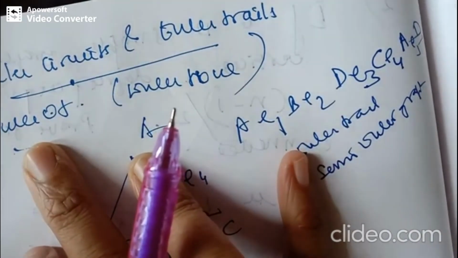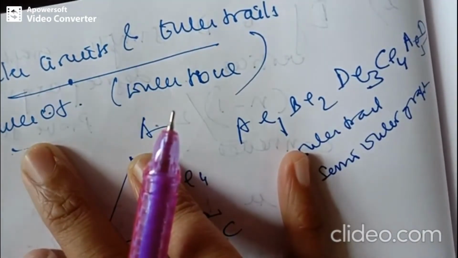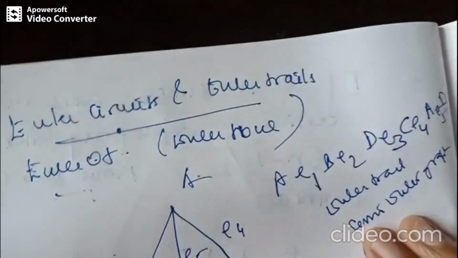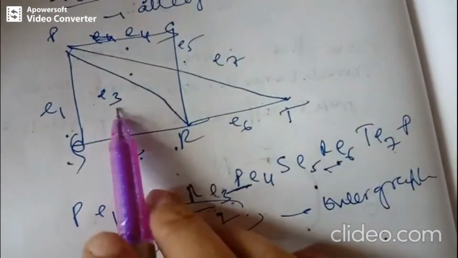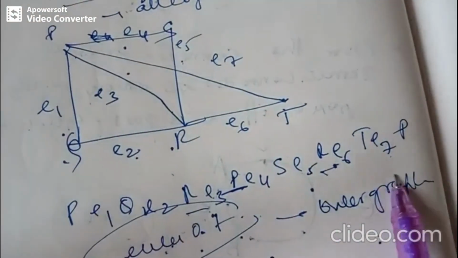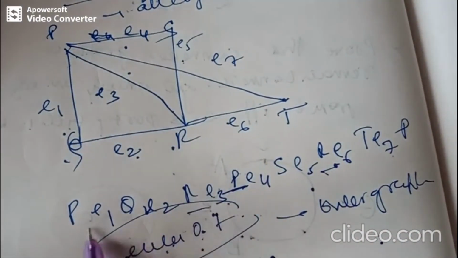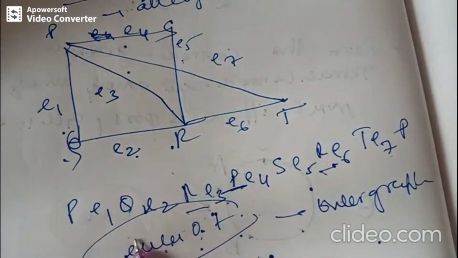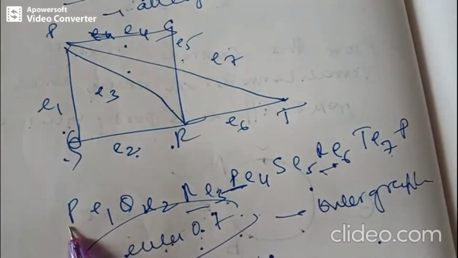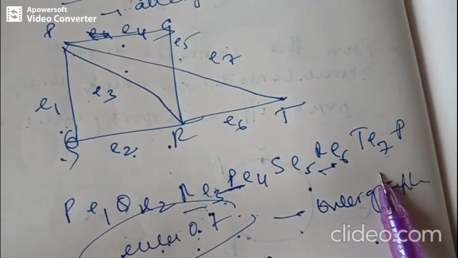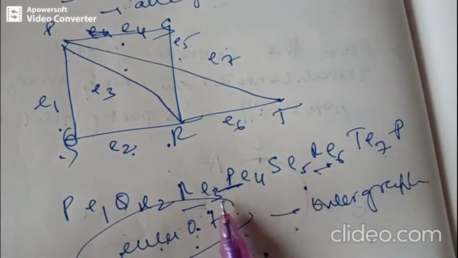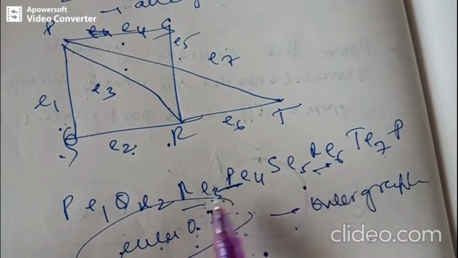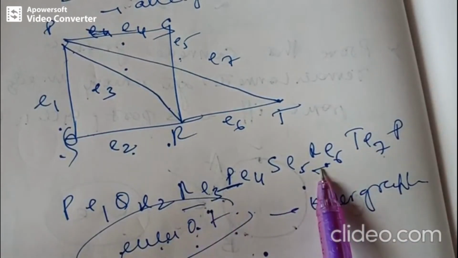For example, let's take this graph. So we have this closed walk. Circuit means it should be a closed walk, right? A closed walk where the start and end vertices are the same. In this closed walk, we can observe that the vertices are repeated. That is possible in the case of a circuit.